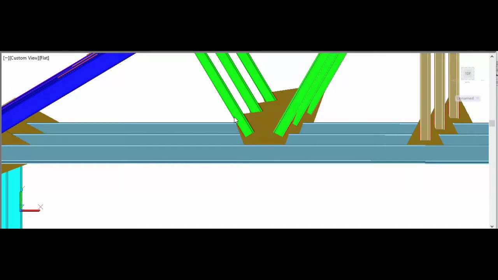These members can be either a single member or double member based on the force acting in the member. These angle sections can be either an equal angle section or an unequal angle section.